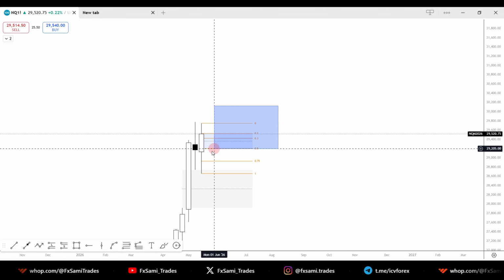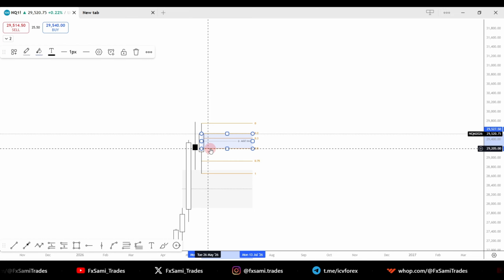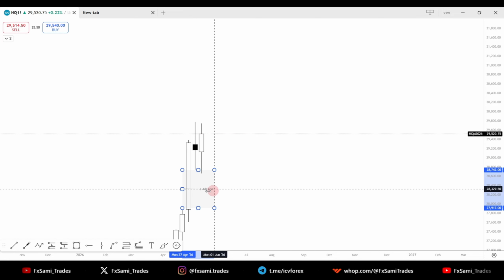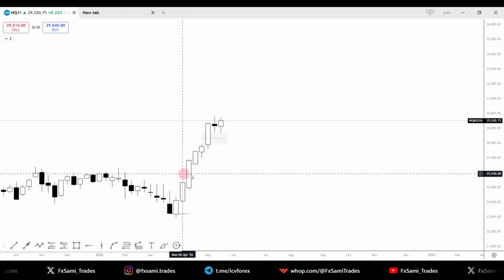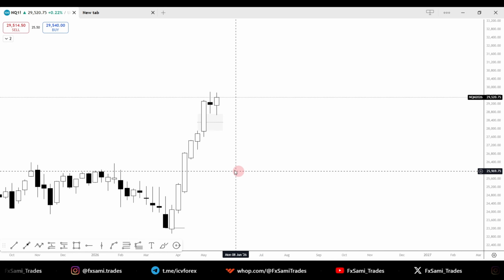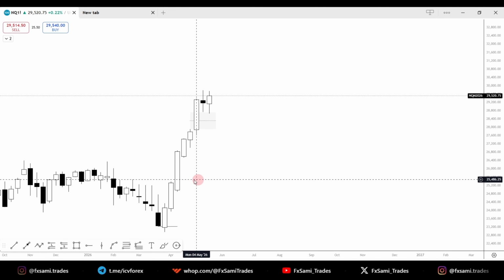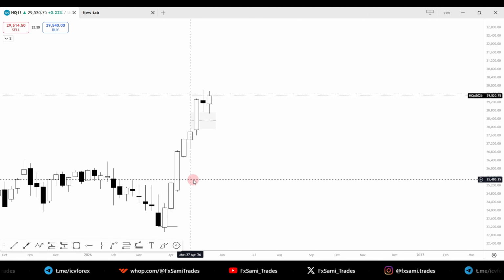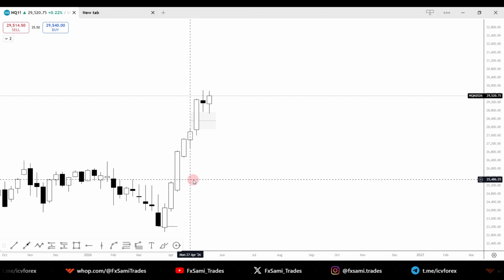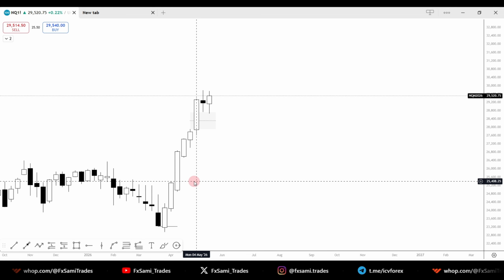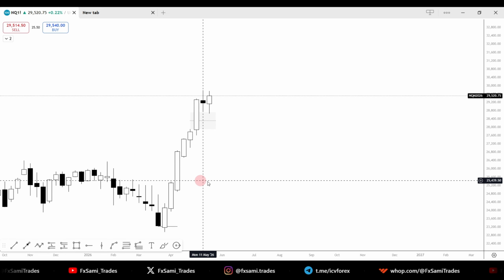So this is how you can use these projections on every single weekly candle and how you can catch the intra-week continuations. Sometimes you may be like, why is price continuing like that without tapping into a point of interest?